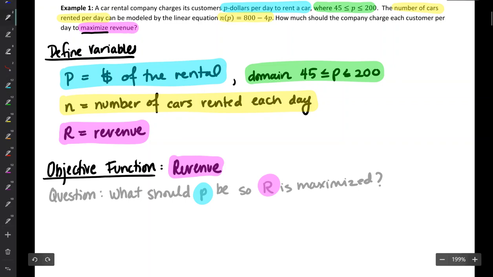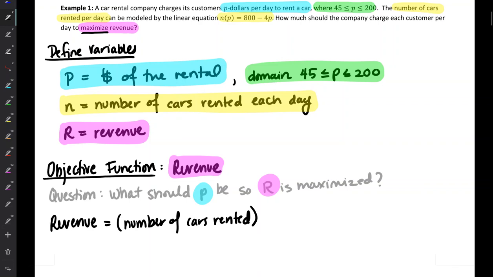Now, what is revenue? Revenue is the number of cars that you rent, say I rent 10 cars for $45 each. What would my revenue be?